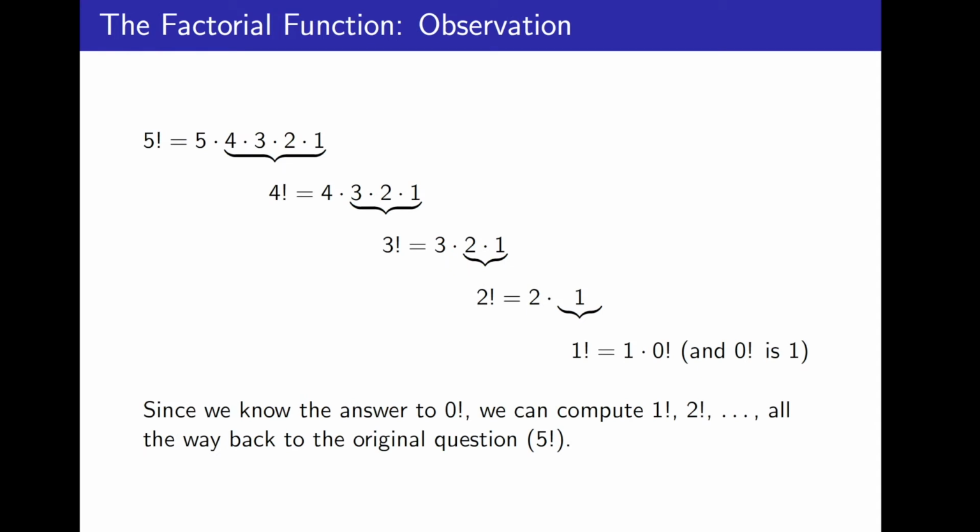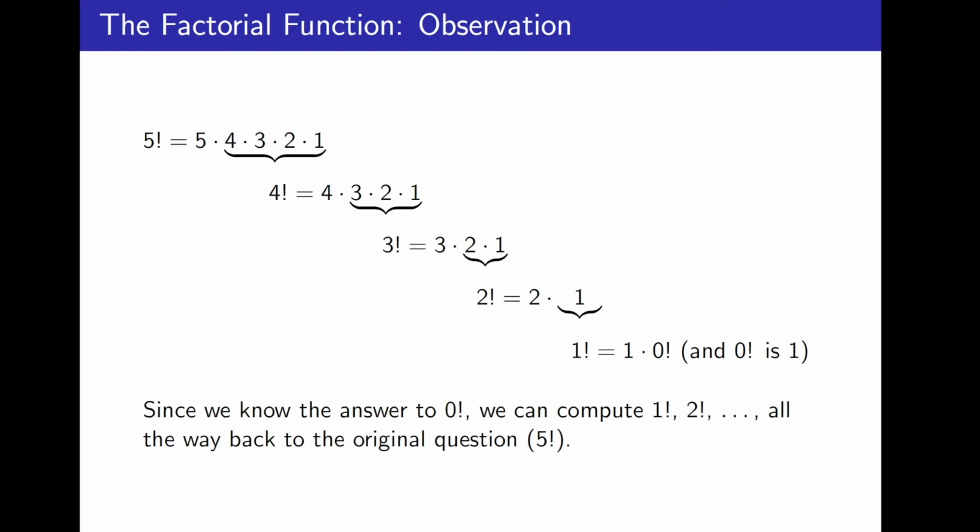To see how to calculate the factorial of a positive integer recursively, let's observe this example. 5 factorial is 5 times 4 times 3 times 2 times 1. When you observe this equation more closely, you'll notice that 4 times 3 times 2 times 1 is 4 factorial.